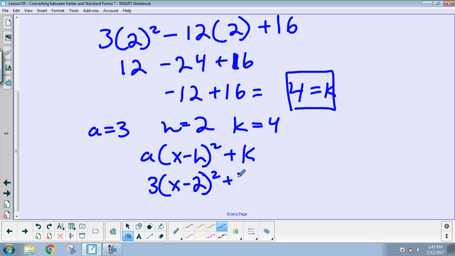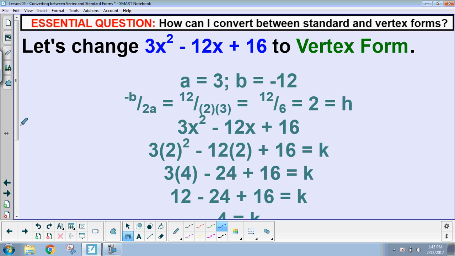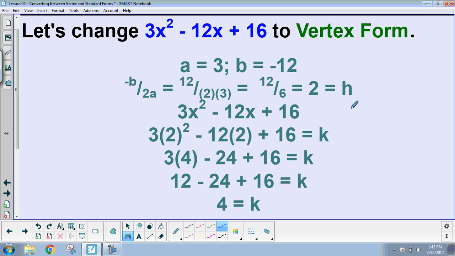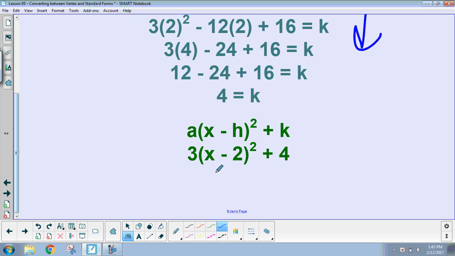All done. Let's see if we're right. I typed up the notes in case you can't read my handwriting. And behold, we got the same thing. Excellent.